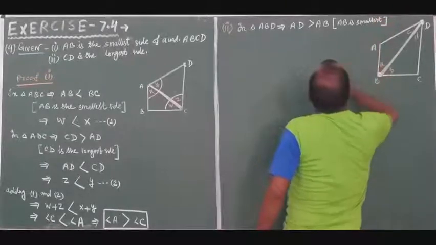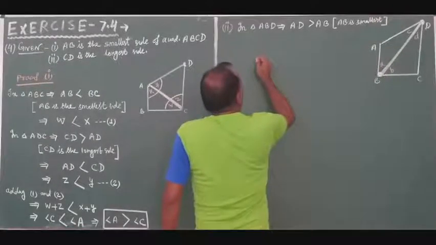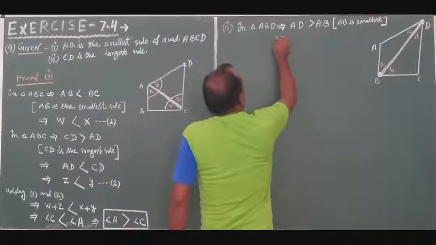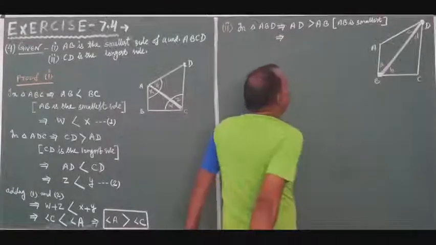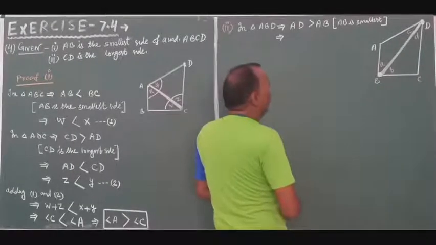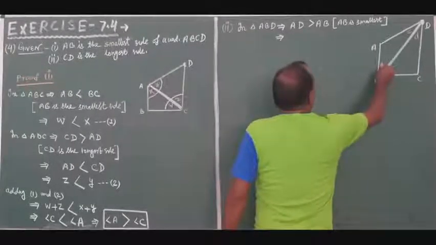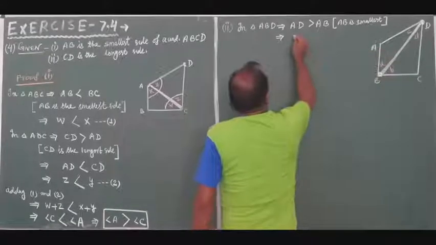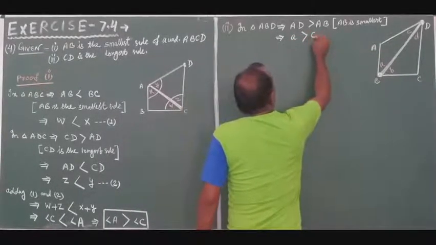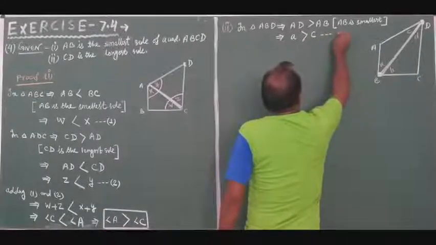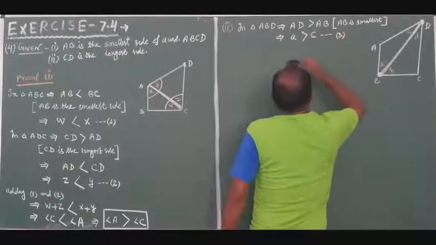Therefore, the angle opposite to these, what is the angle opposite to AD? This angle B will be greater than angle C. Suppose this is equation number 3.